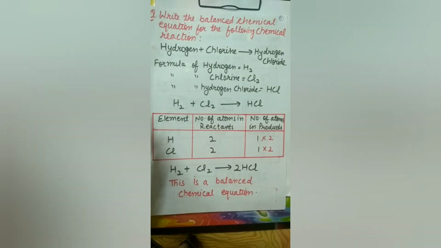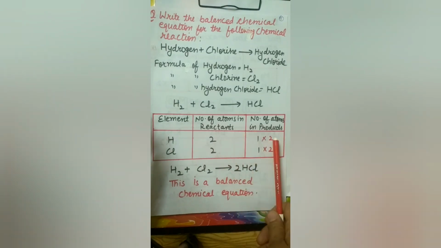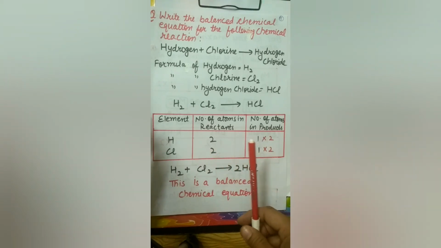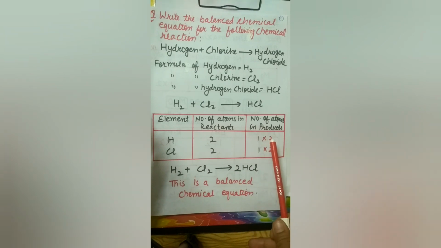If I multiply with 2, then we get 2, 2, 2, 2. So it is a balanced chemical equation now, because the number of atoms in the reactants is equal to the number of atoms in the products. I will write 2 in front of HCl. So H2 plus Cl2 gives 2 HCl. So this is a balanced chemical equation.